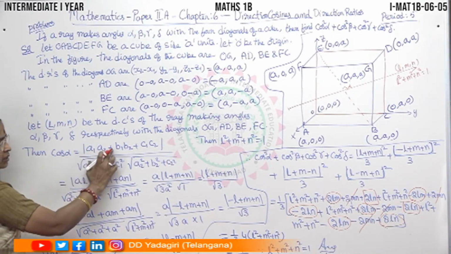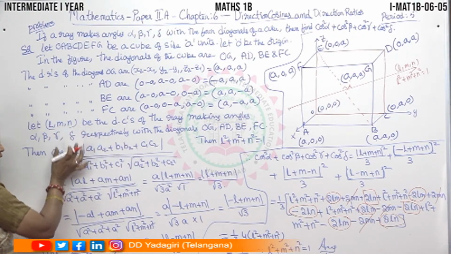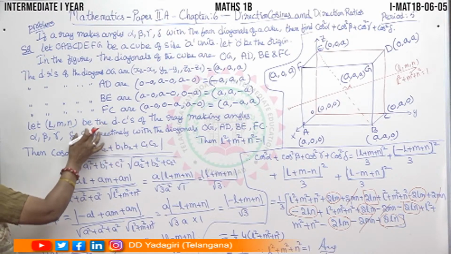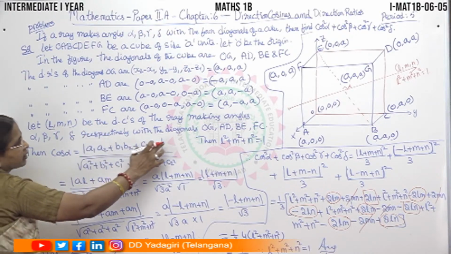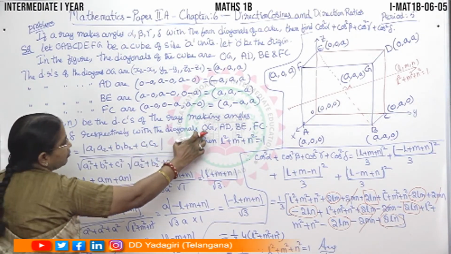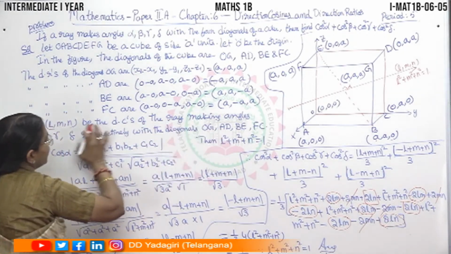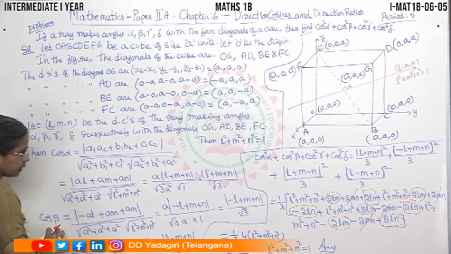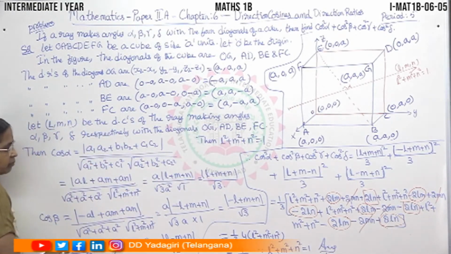The cos alpha formula is a1 a2 and so on, where a1, b1, c1 and a2, b2, c2 are the direction cosines. See, with the 4 diagonals, one diagonal is OG, another one is the ray. So the angle between OG and the ray is alpha. The angle between AD and this ray is beta. The angle between DE and this ray is gamma, like that.